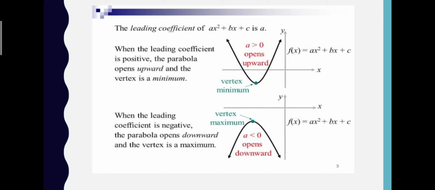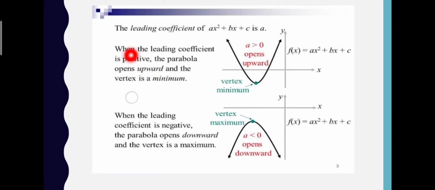Mas madali makita ang leading coefficient if naka-arrange na sa standard form ang given na quadratic function. Pero pag hindi pa naka-standard form, i-transform nyo lang siya into standard form para mas madali nyong makuha yung leading coefficient.